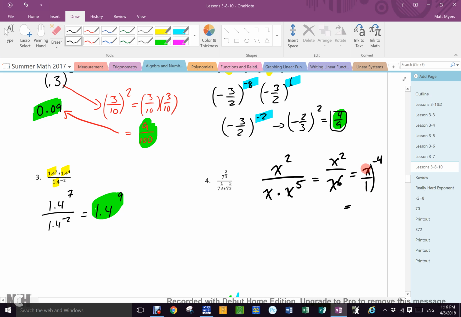That's what that really is. And then the negative 4 would go to everything, x to the negative 4 over 1 to the negative 4. Negative's not allowed, so it would come up to the top. Negative's not allowed, so it would go down to the bottom. And that would be the answer, right? Everybody can follow that, yeah?